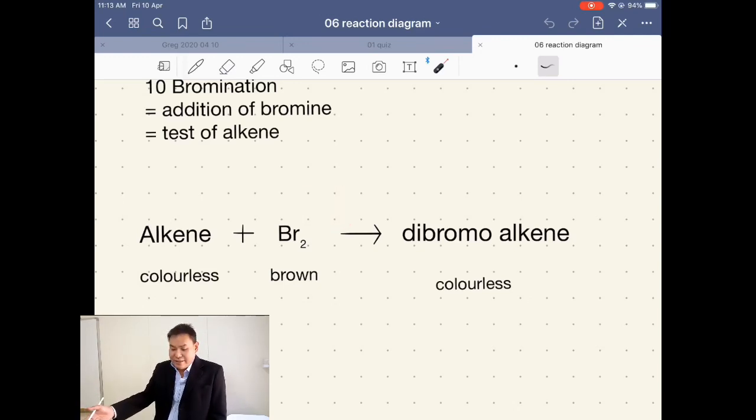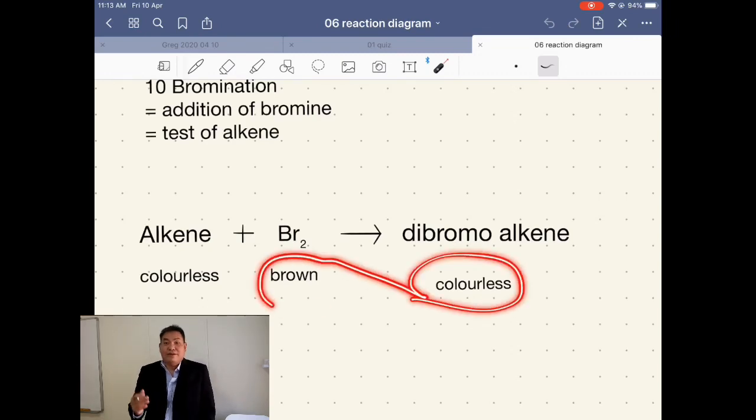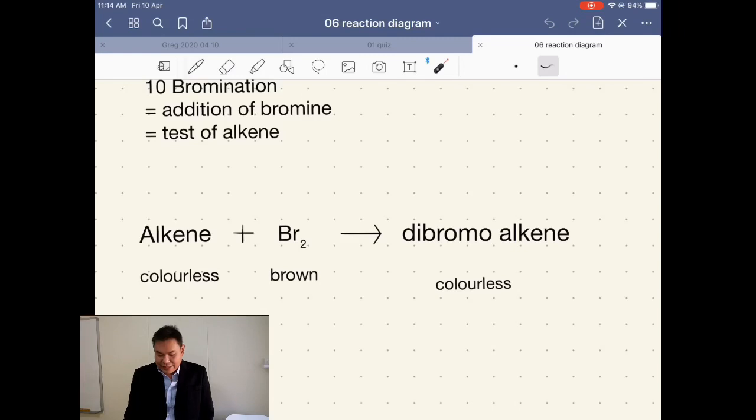If the solution contains alkene, the brown will quickly decolorize, will turn colorless. If the solution does not contain any alkene at all, or any double bond, it will stay brown. So it's easy for you to test, right? The name of the reaction is addition of bromine.